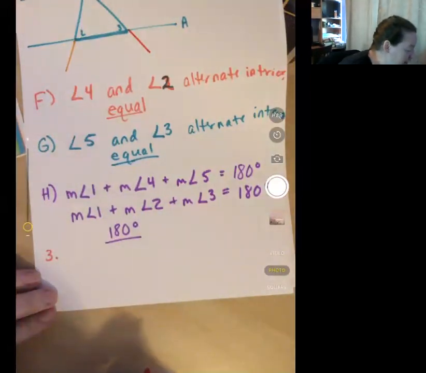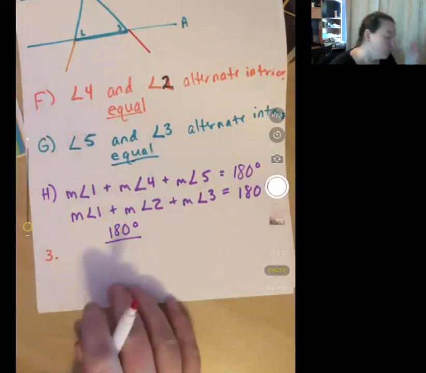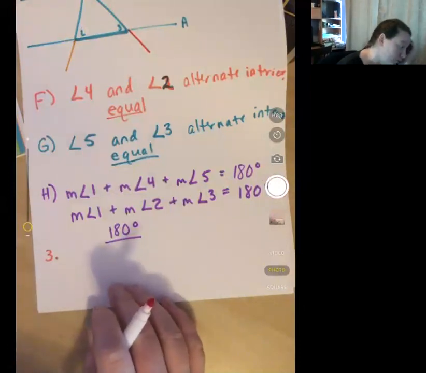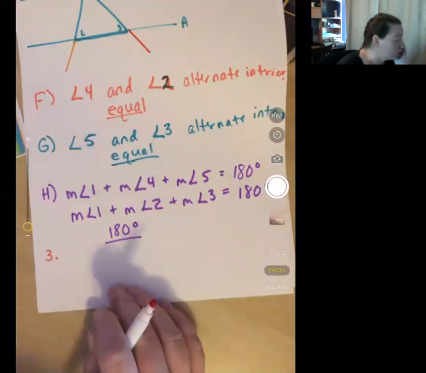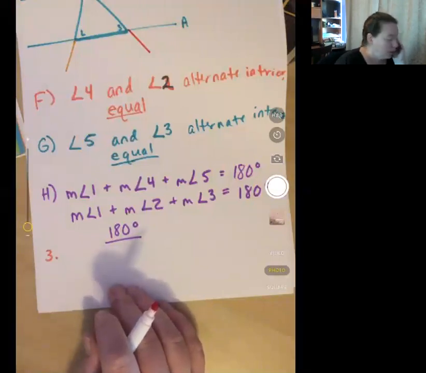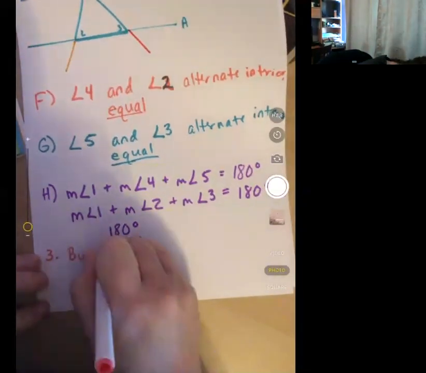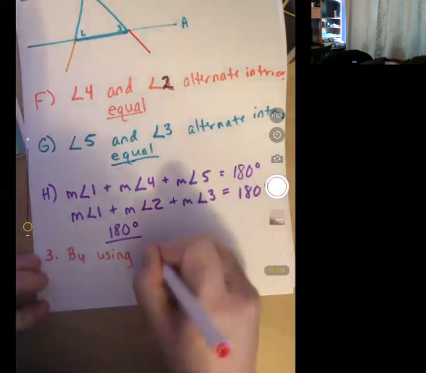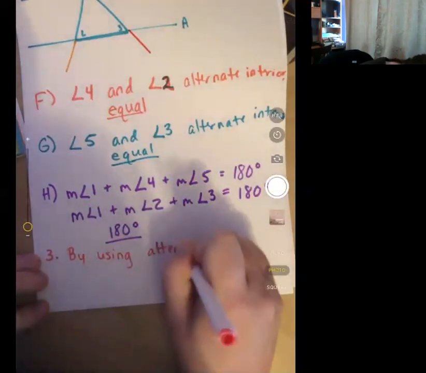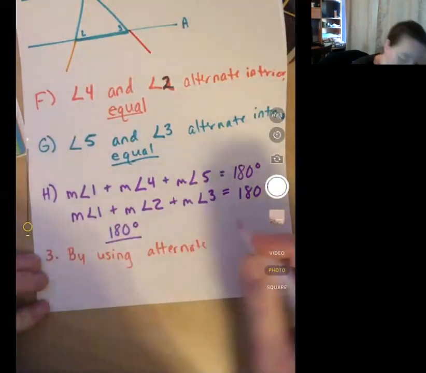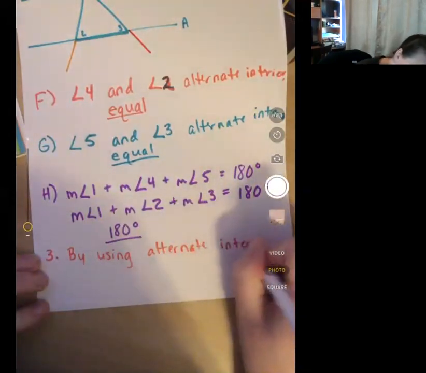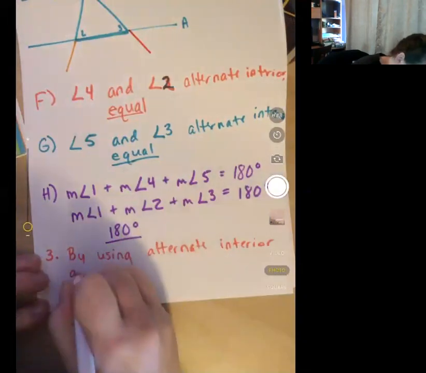How can you use the fact that the measure of angle 4 plus the measure of angle 1 plus the measure of angle 5 equals 180 degrees to show that the measure of angle 2 plus the measure of angle 1 plus the measure of angle 3 equals 180 degrees? We literally just did this by using alternate, sorry if I'm blocking the screen, alternate interior angles.